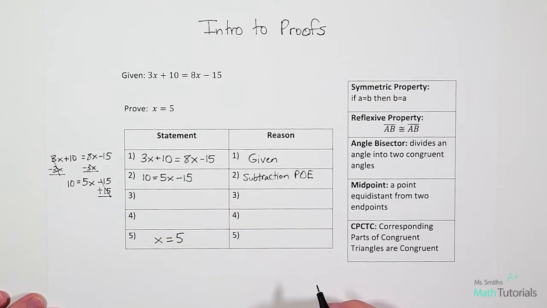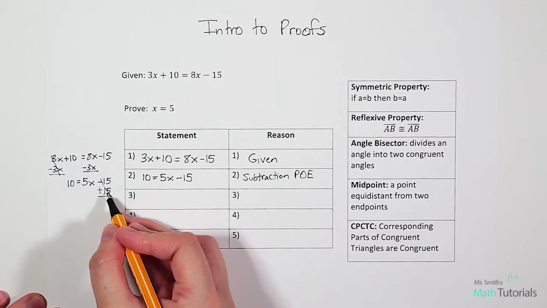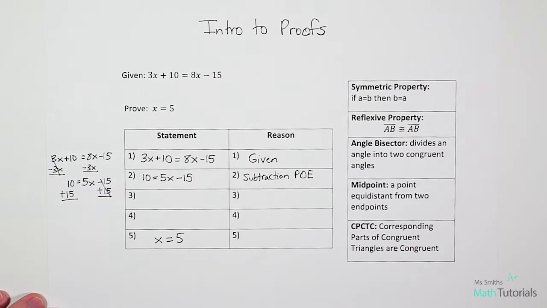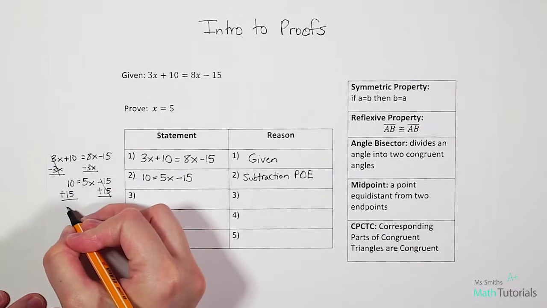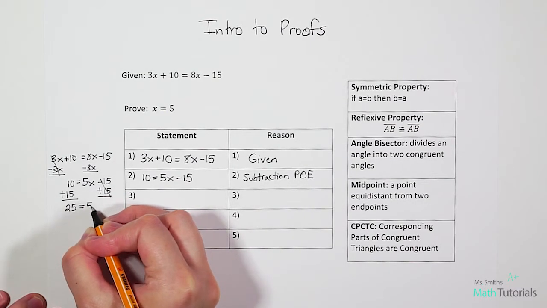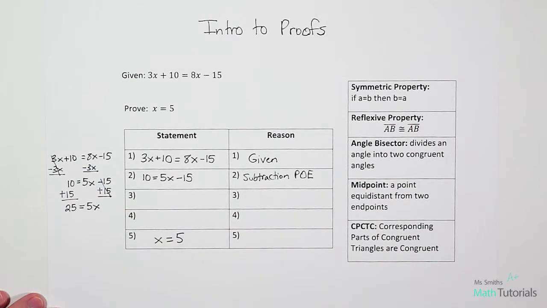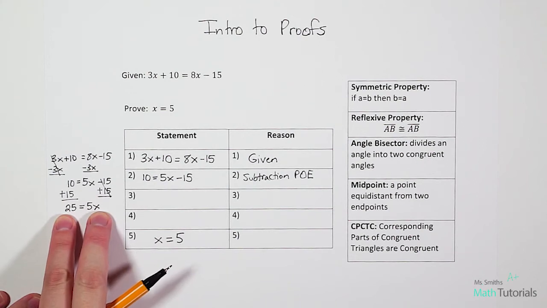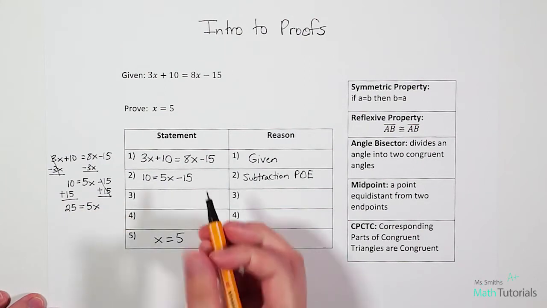Negative 15 plus 15 is 0. But if I'm going to add 15 here, I've got to do it to the other side as well. Now 10 plus 15 is 25. And then bringing down what we have left, we have equals 5x. So now that we've done the work for our next step, let's bring the result over here into our table.